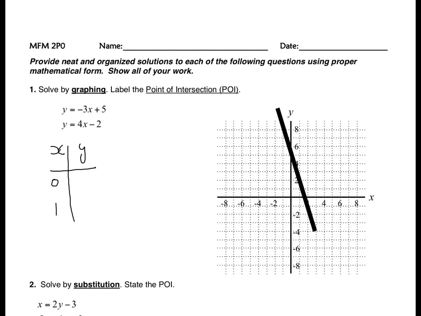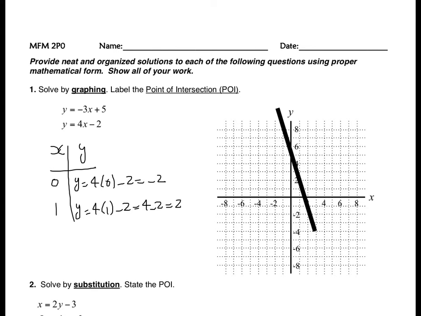For x equal to 0, y is equal to 4 times 0 minus 2, which is going to be 0 minus 2, which is negative 2. For x is equal to 1, y is 4 times 1 minus 2, which is 4 minus 2, which is going to be the point 2.